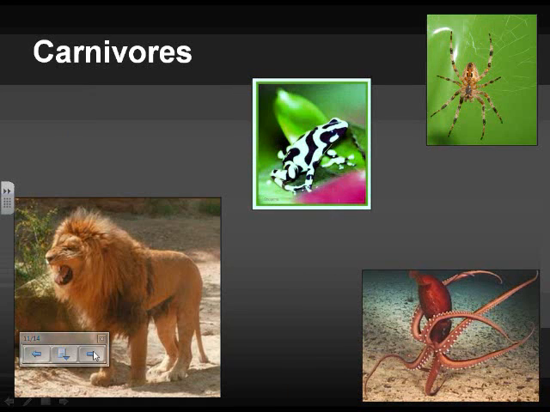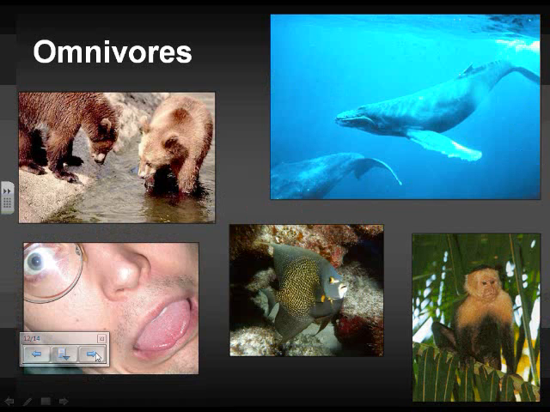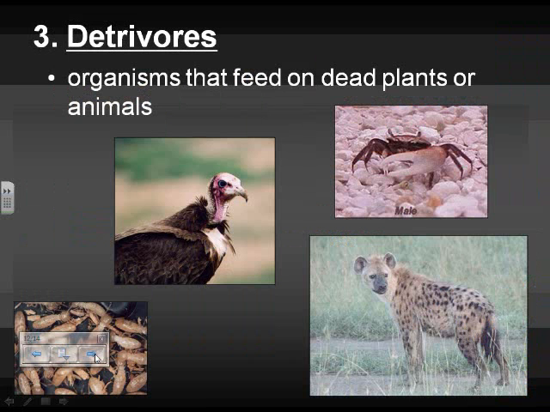Carnivores. Sometimes we forget that organisms like frogs and spiders that feed off of insects are actually carnivorous. That insect is actually meat. Omnivores. Those organisms that will consume both plant and animal, both meat and non-meat.